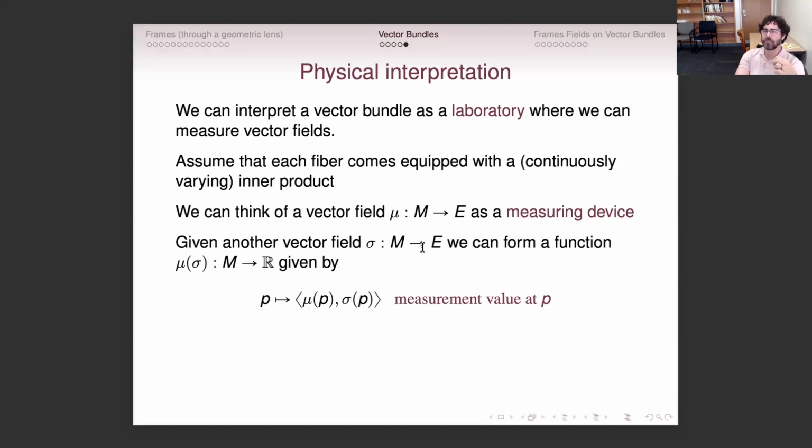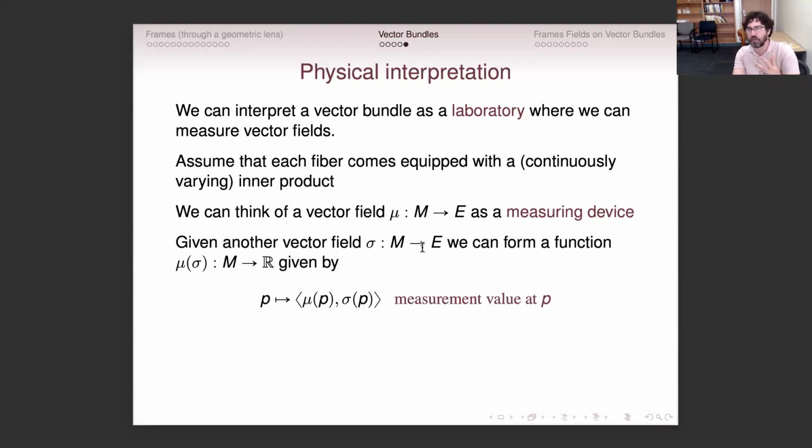And so at each point, I get a number that's giving me the value of a measurement at that point. If you think back to the wind velocity example, you could imagine that my measuring device is something that, at each point, looks east along a line of latitude, and I set up a little device that measures the easterly blowing of the wind at that point. Such a thing would be a vector field that I can think of as a measuring device.